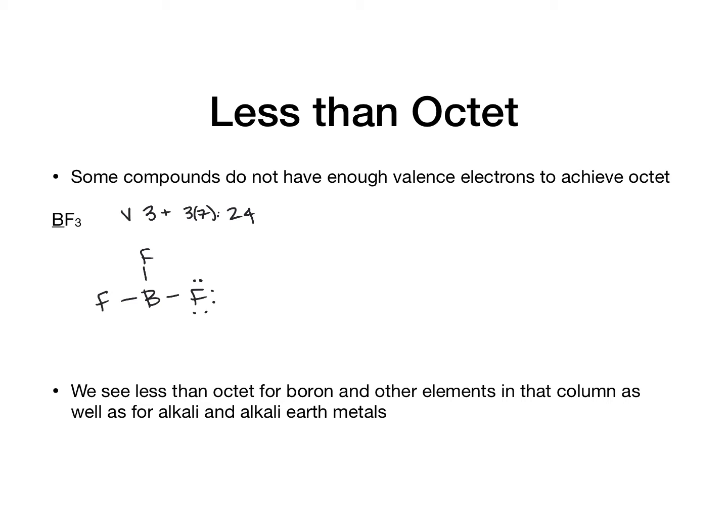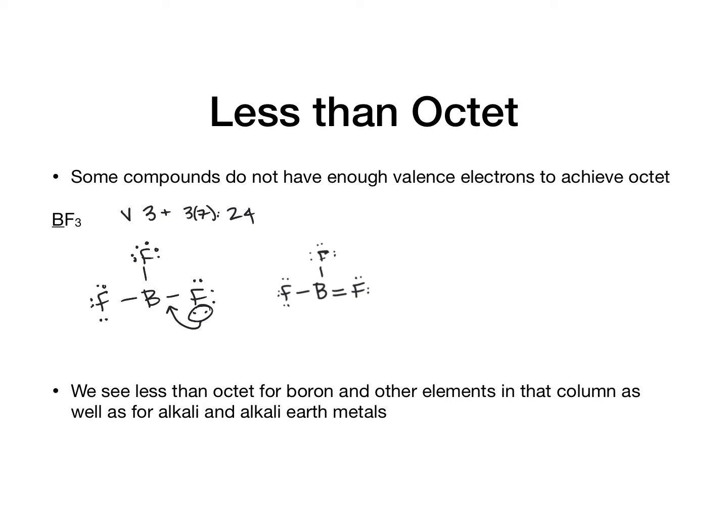As we add these lone pairs, we've now used all 24 of our electrons, but boron does not have octet. So the rules state that we're going to take one of these pairs and go here. So we have boron, fluorine, fluorine, fluorine. We'll go ahead and add our lone pairs back.